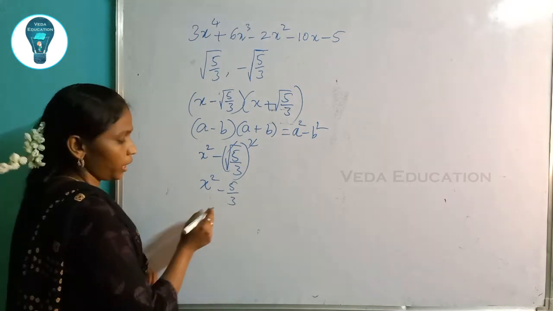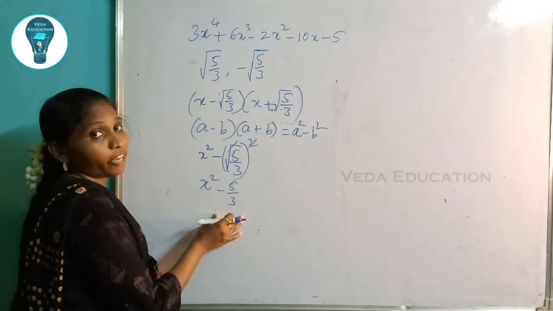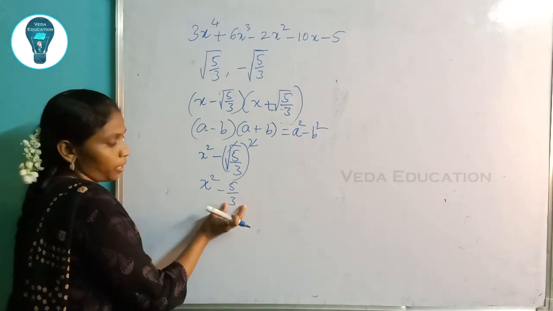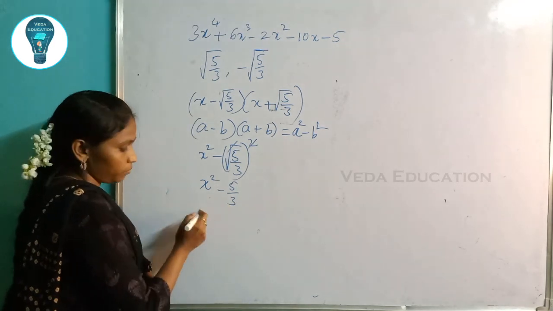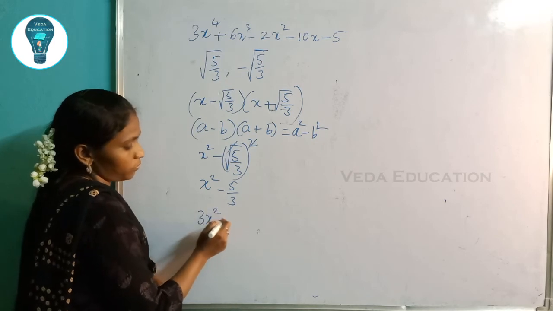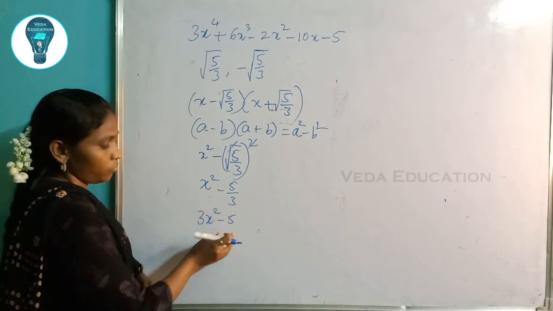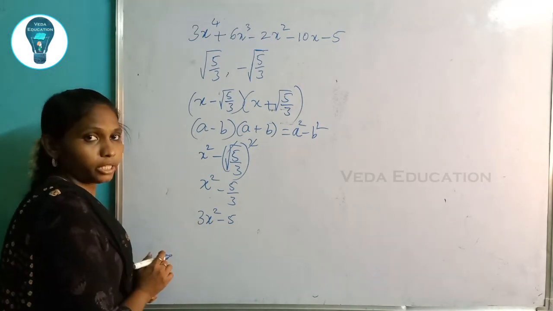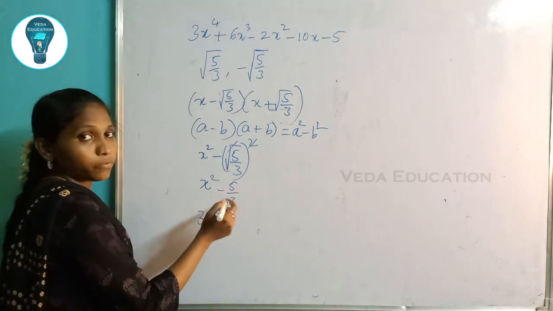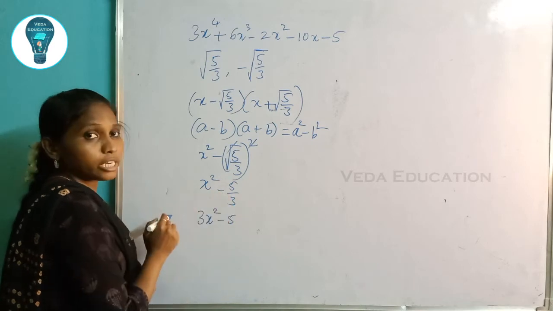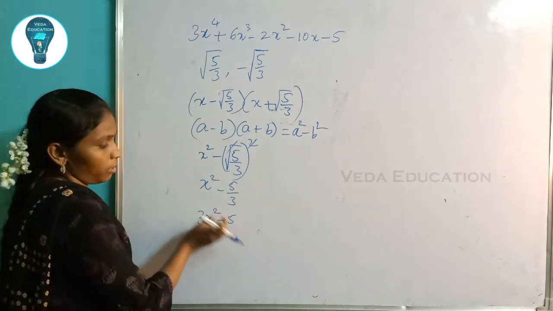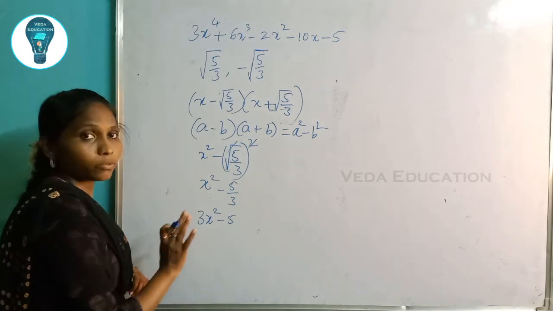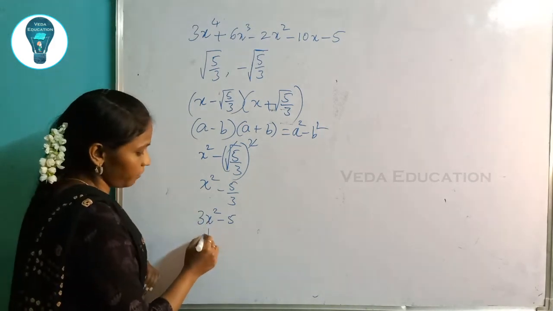So if you have a fractional number, no need to worry. Whatever the denominator is, write it as the x square coefficient, taking common 3. Then it becomes 3x square minus 5. Got it everyone? If you have any constant term that is fractional, you can apply this to the remaining terms, then it becomes a normal number. Now this is a divisor.